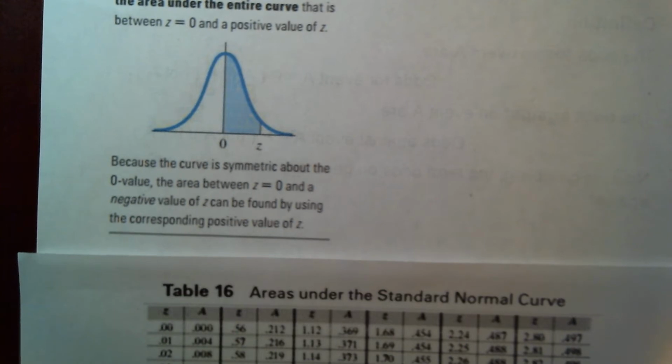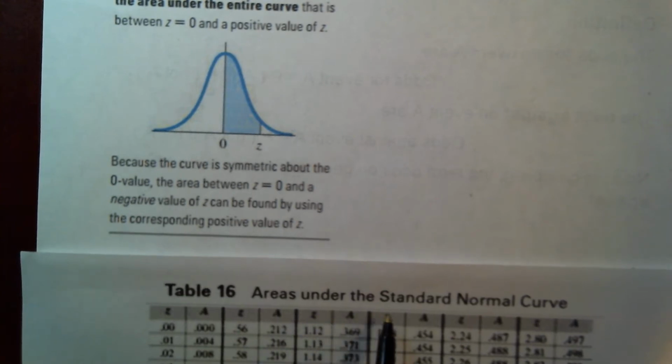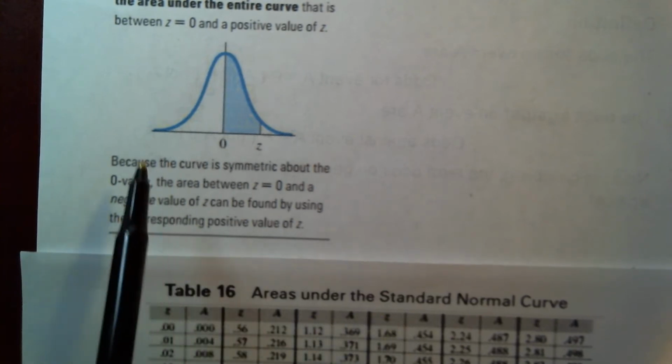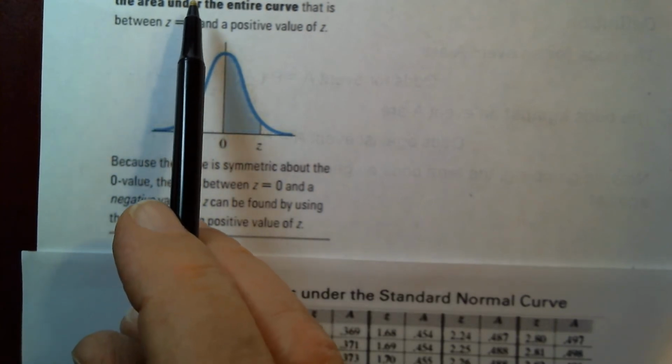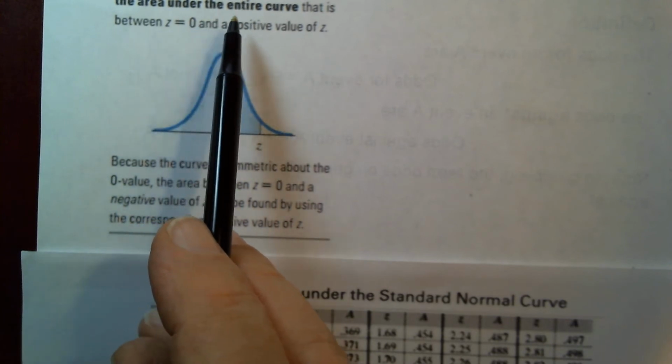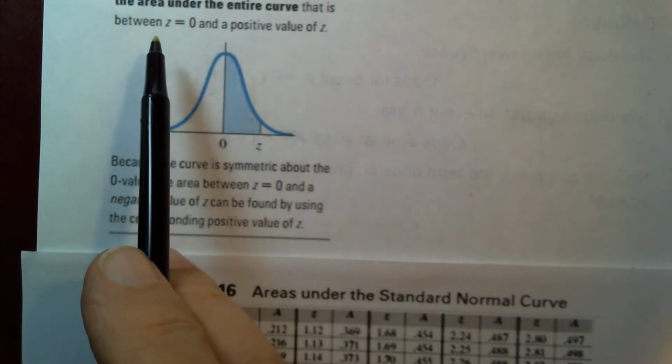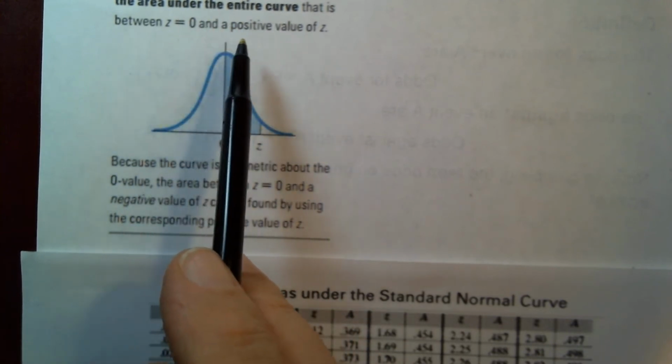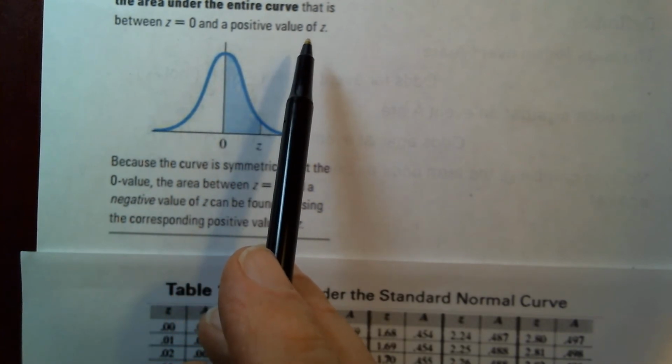Table 16 is the very typical areas under the standard normal curve, and here's an explanation. The column under A gives the fraction of the area under the entire curve that is between z equals 0 and a positive value of z.